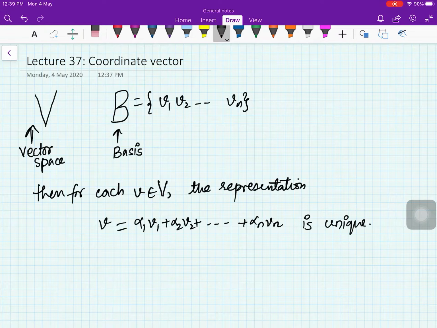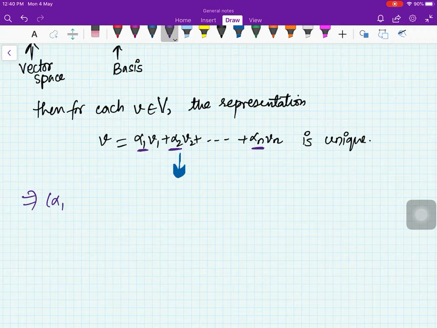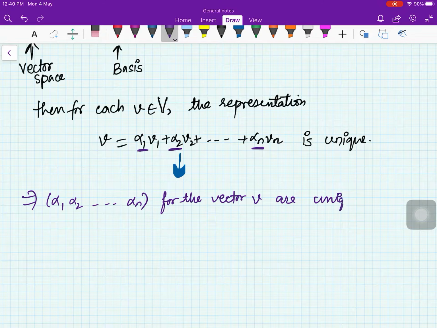Now using this we can define something. It means that alpha 1, alpha 2, alpha n for the vector V are unique once you fix your basis B. Now whenever we have a unique thing, we keep a name for that.